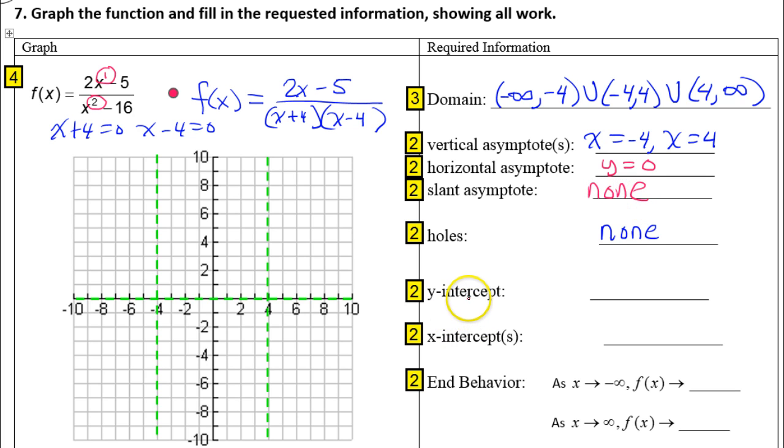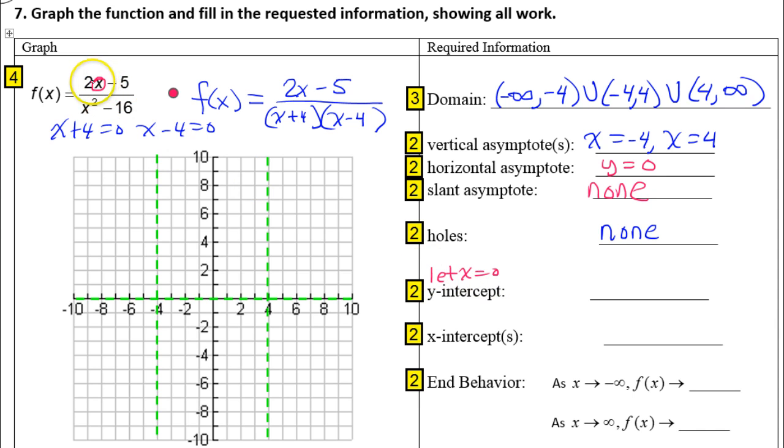All right, let's find and plot the y-intercept and the x-intercept. You will get the y-intercept if you plug in 0 for x. So if we let x equal 0, that's how we can find the y-intercept. That's usually easy to do just by glancing at the function. So I'm letting x be 0.